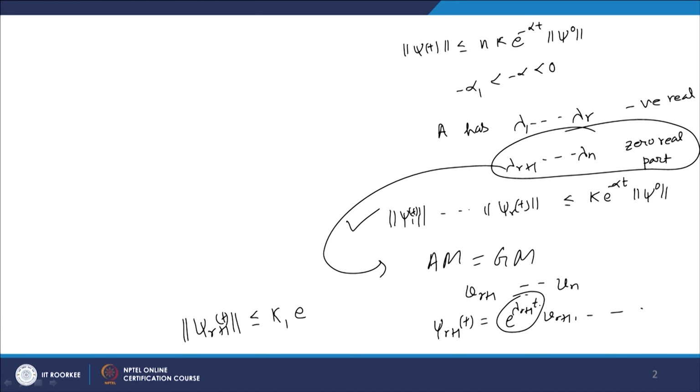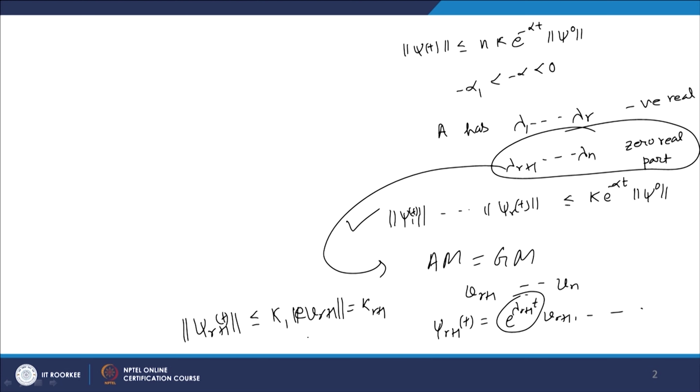So lambda r plus 1 t is basically a complex value, and the modulus of e to the power lambda r plus 1 t is bounded by 1. We can simply say that it is times the norm of V r plus 1, and if we include these two, psi r plus 1 is less than or equal to, we can denote this quantity as k r plus 1.